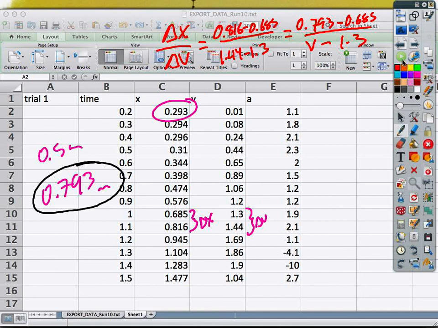This is a process called interpolation. Using the fact that this is a consistent behavior across this interval, because it's consistent, that allows me to interpolate the value in between.